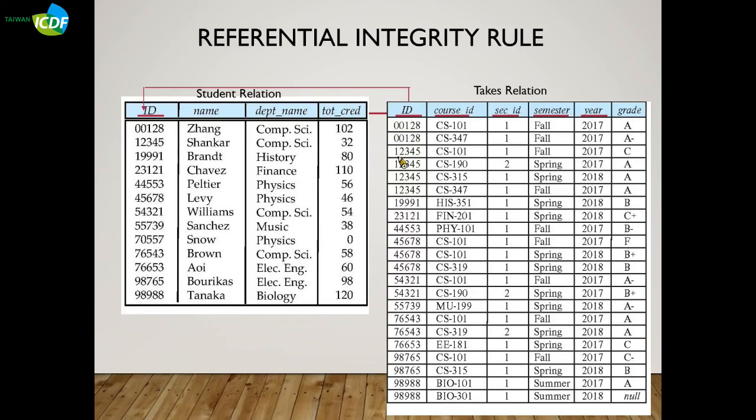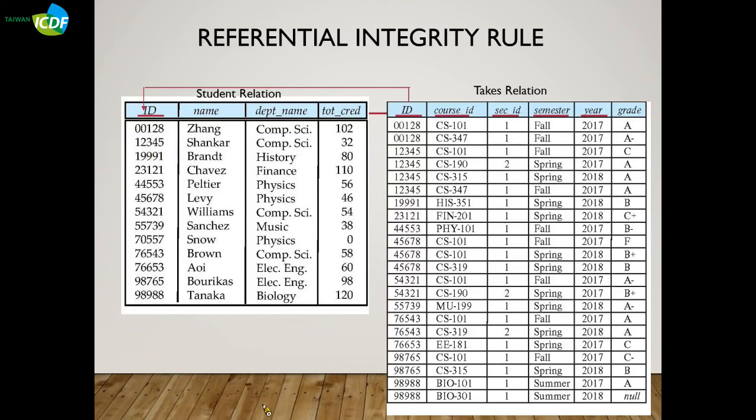We can take a look at another tuple, for example, a student ID of 12345. In the referenced table, we can also find a corresponding student number 12345. The matching values mean it satisfies the referential integrity rule.